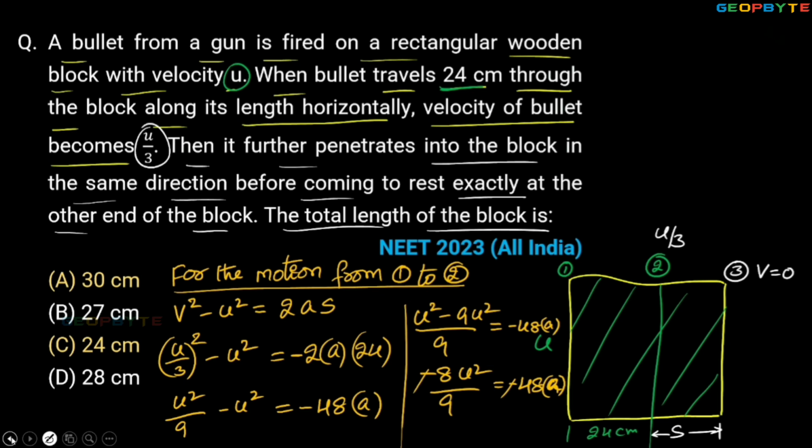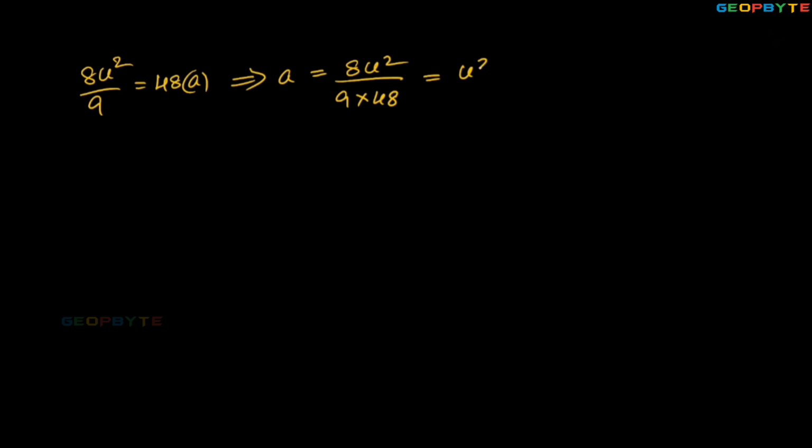Finally, 8 u square by 9 equals 48a. From this I can write that acceleration a equals 8 u square by (9 into 48). It is u square by 54. That is the acceleration. Okay.